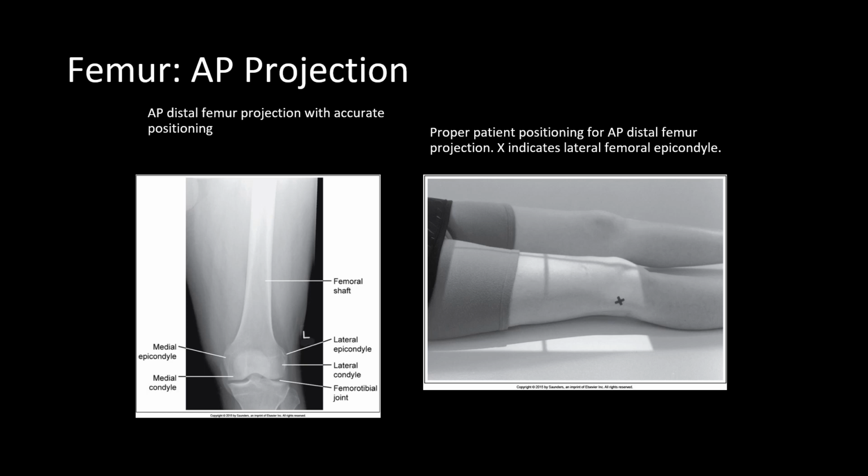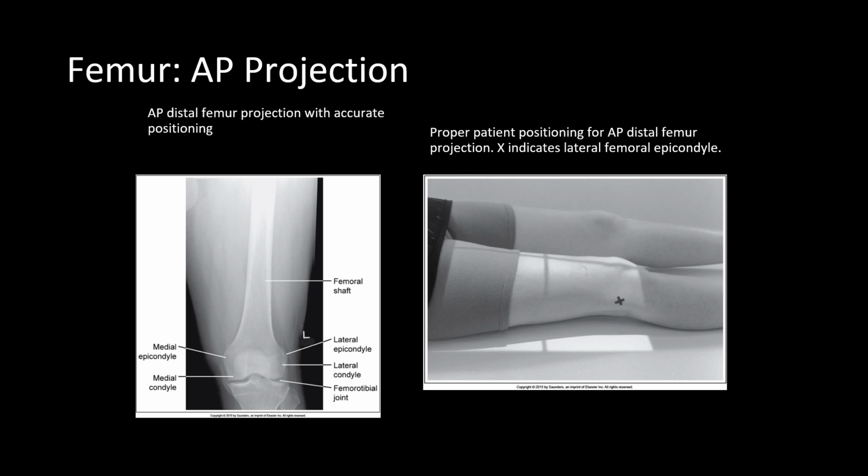The distal femoral shaft should be demonstrated at the center of the exposure field. The affected leg should not be demonstrated on the projection. Distal femoral shaft, surrounding femoral soft tissue, knee joint, and 1 inch of the lower leg are included within the exposure field.